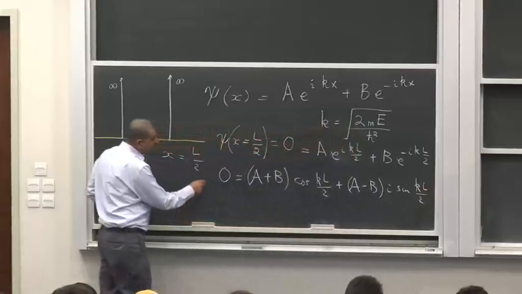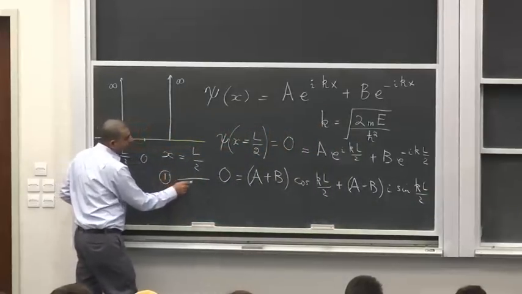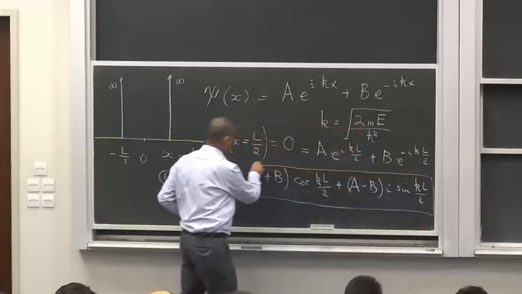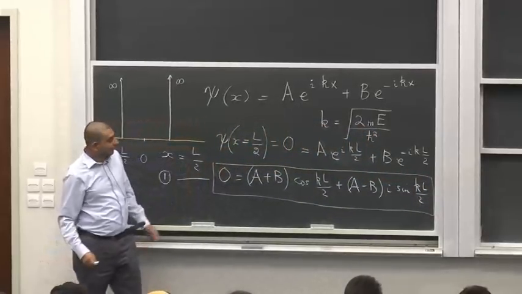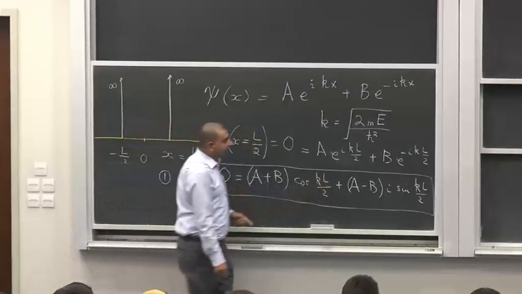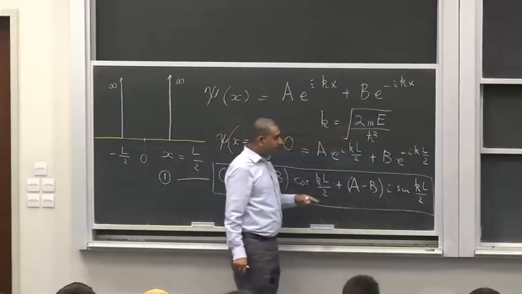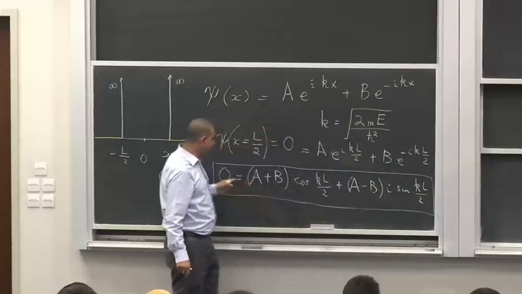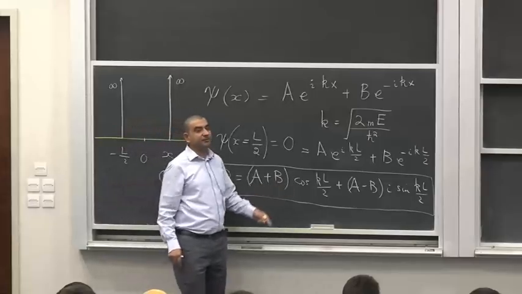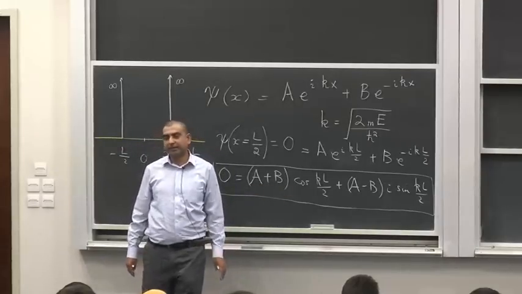So this is one of the equations that I have at my disposal. So this term must be 0, and so must this term be 0, because this is the imaginary part, and there is neither a real part here nor an imaginary part. So both of these terms have to be 0 at the same time.